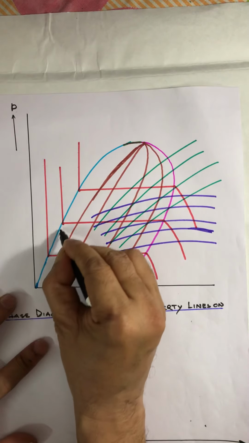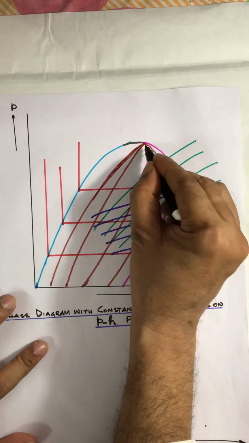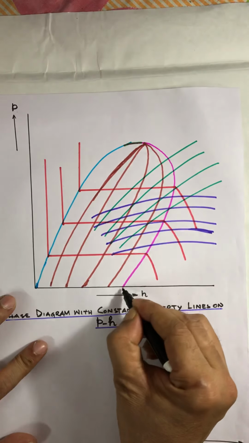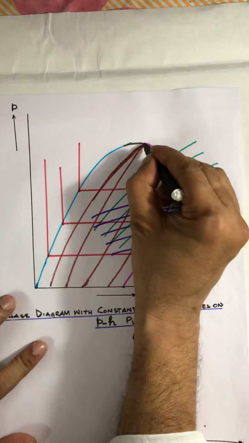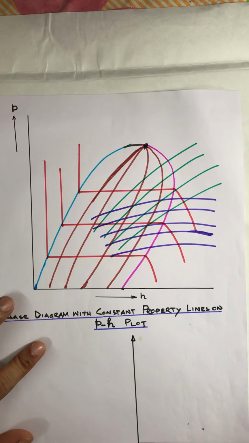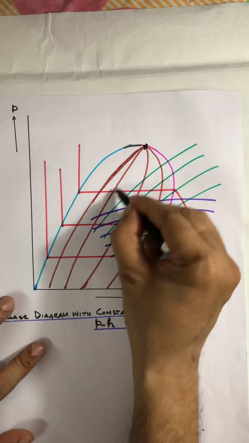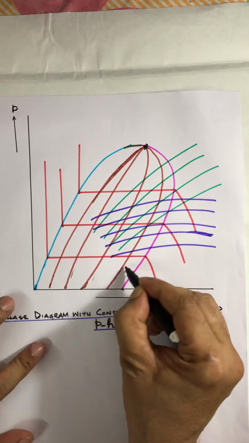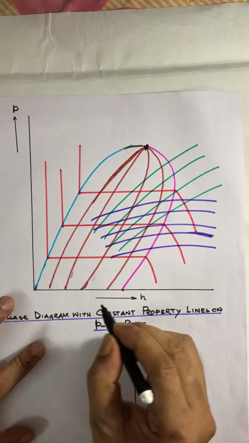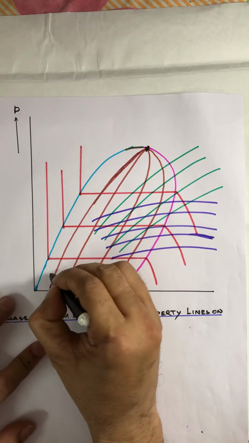This color represents the saturated liquid line, and this color represents the dry saturated vapor line, and this is the critical point, and this line represents the constant dryness fraction line.